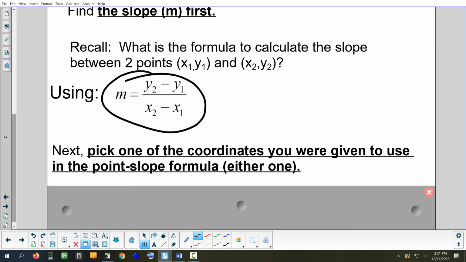Well, I gave you 2 points. I gave you more than you needed. Pick either one of them. It doesn't make a difference. Pick whichever one you think is easier.